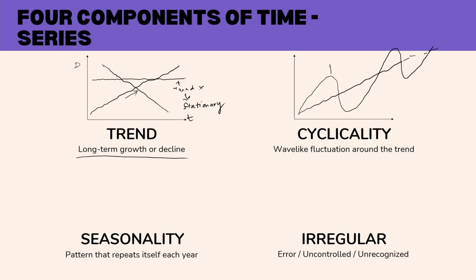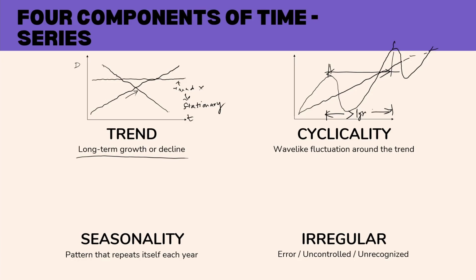And the distance between 2 peaks or 2 similar points, if you take this distance, this distance, or say this distance, will be generally greater than 1 year. This is the definition of cyclicality.